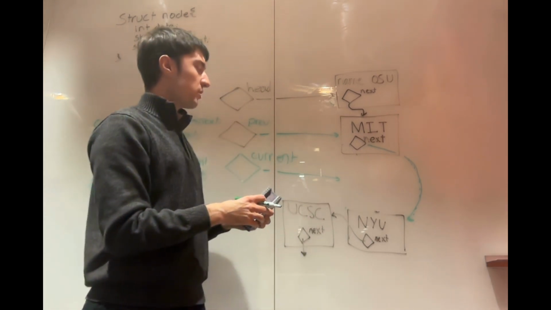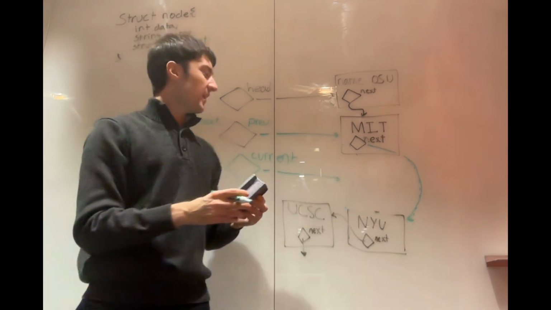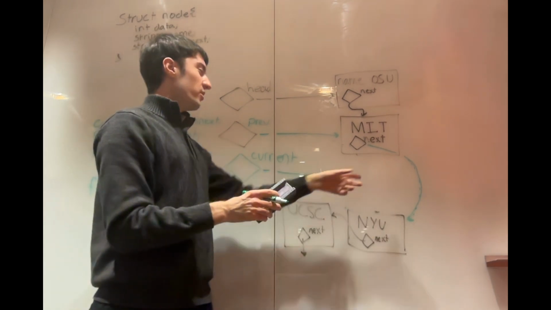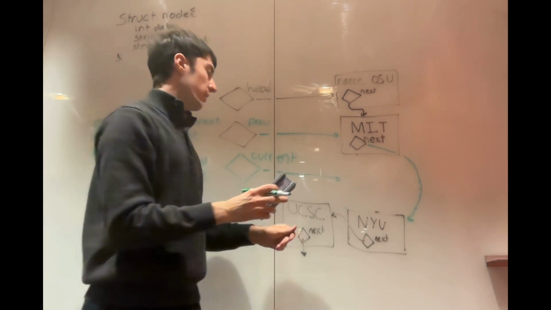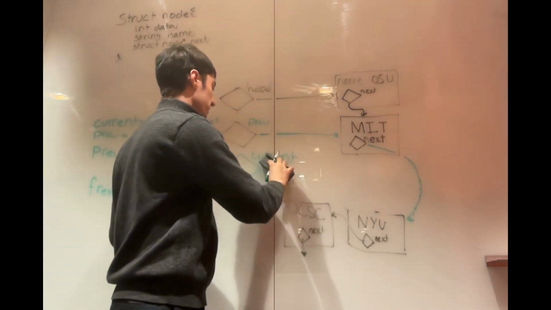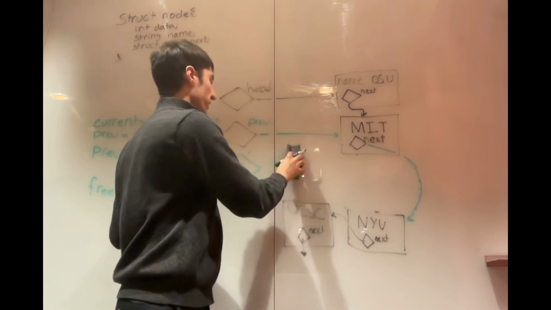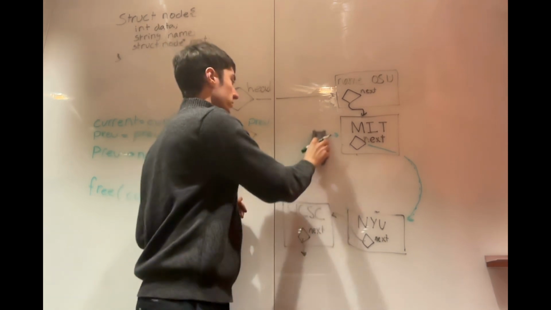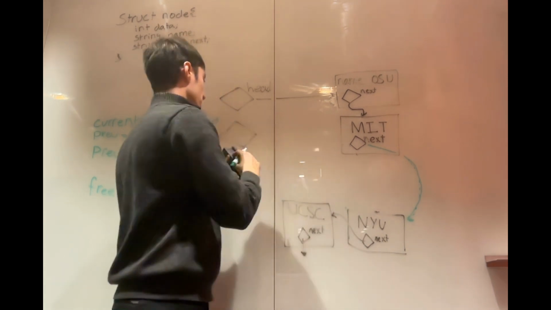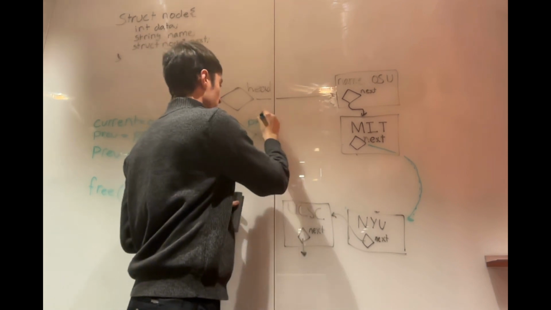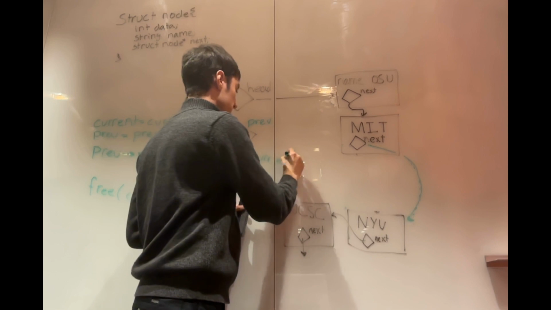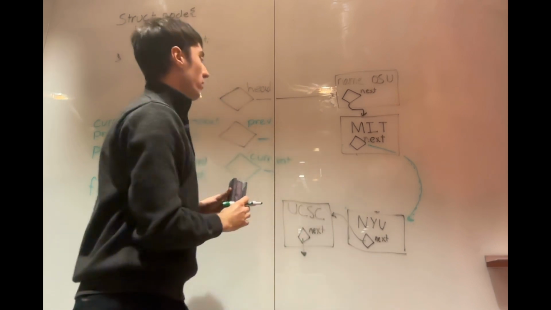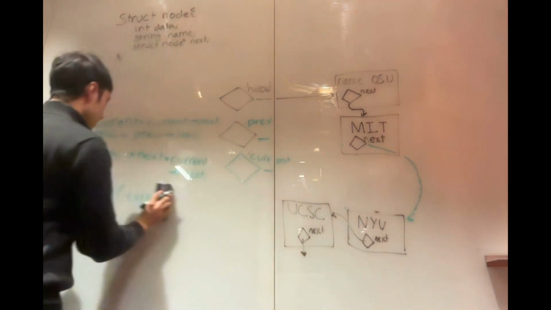Okay. So now what else can we do? Well, what if we want to just insert an element? Let's say we want to insert UCLA right there. All right, so how are we going to do it? Well, as I said, we need to get on the subway station. That's previous and current.